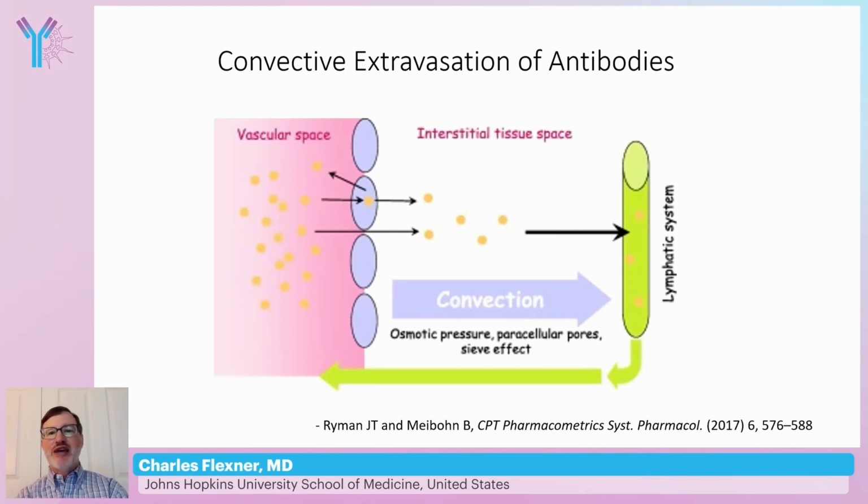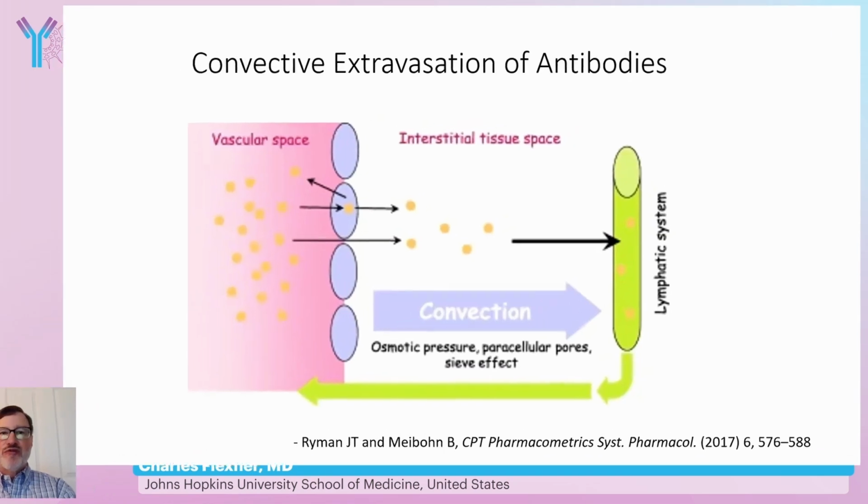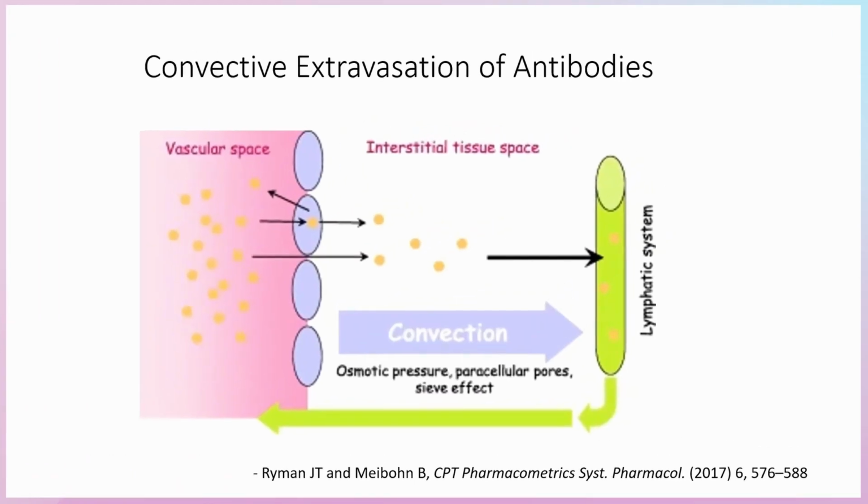Once that happens, the antibody can also enter the lymphatic system. And it's important to remember that antibodies can be made within and circulate within the lymphatic system. And that fact may contribute additionally to the pharmacokinetic properties of antibodies.